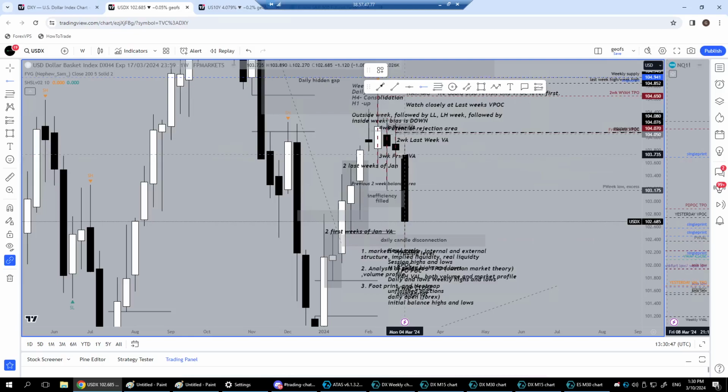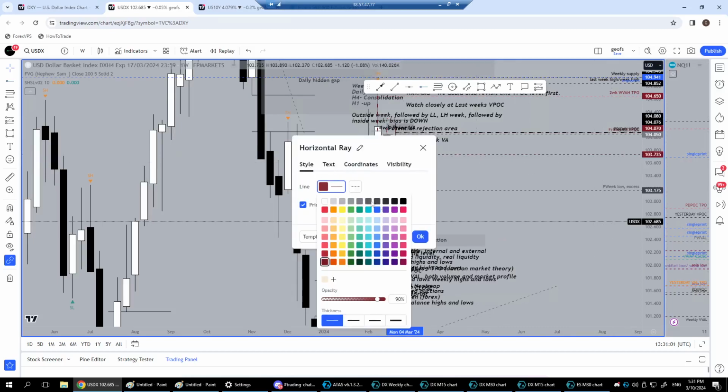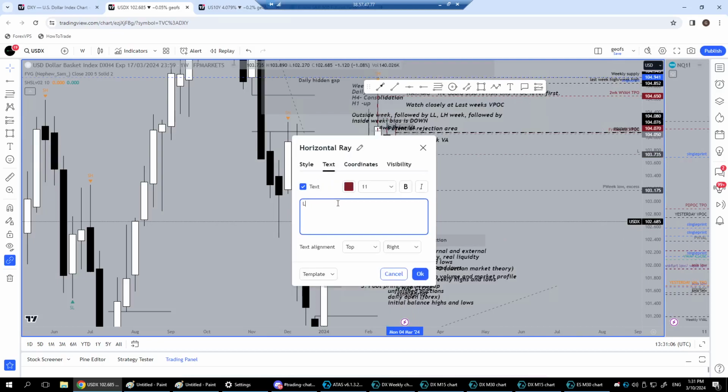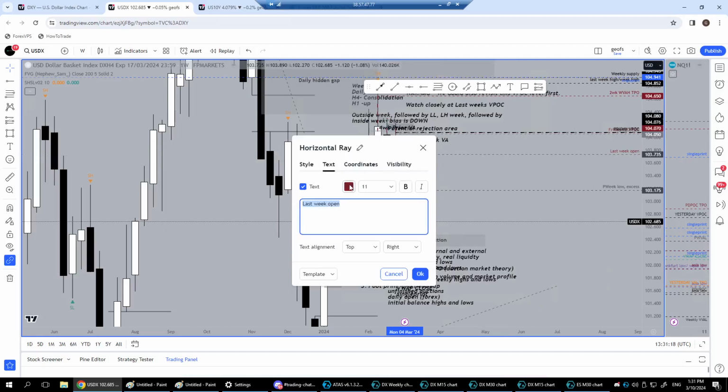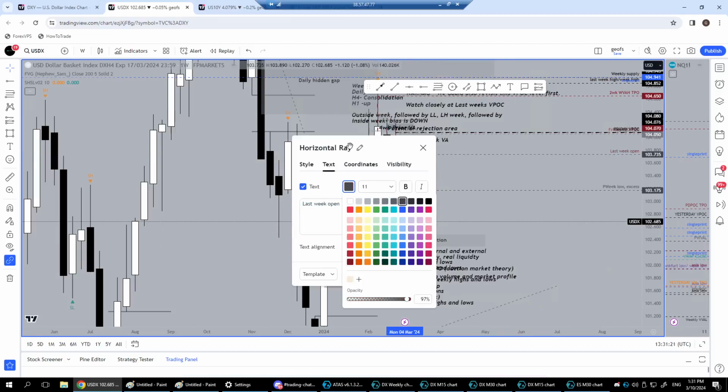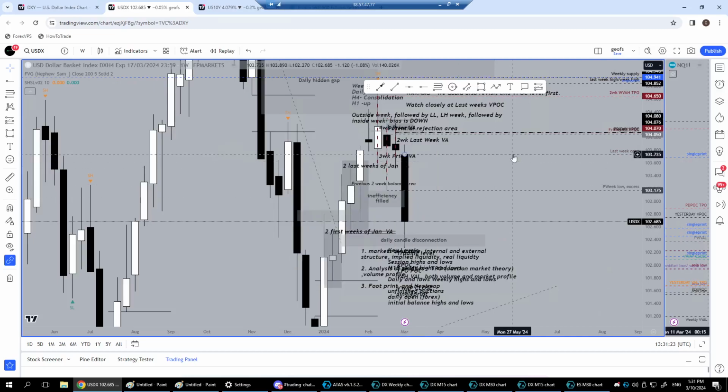Okay. So this is USDX. It's the DXH4 in TradingView that we use. So I'll just note the open. We'll do this in gray. Last week's close.